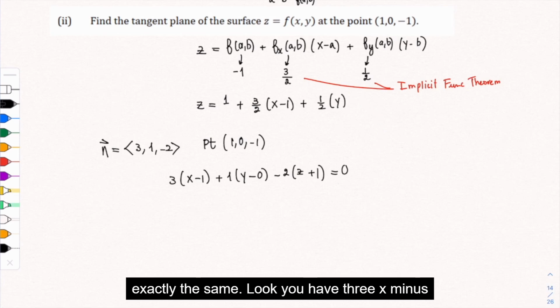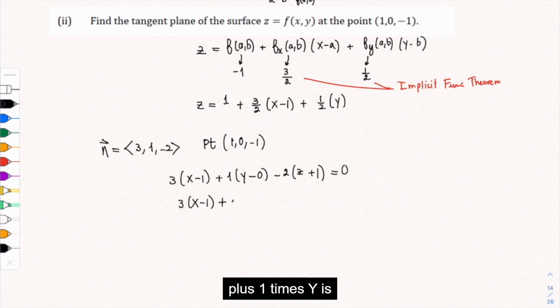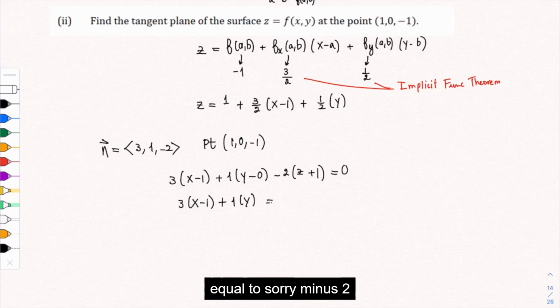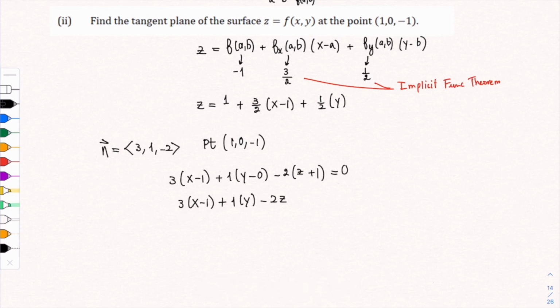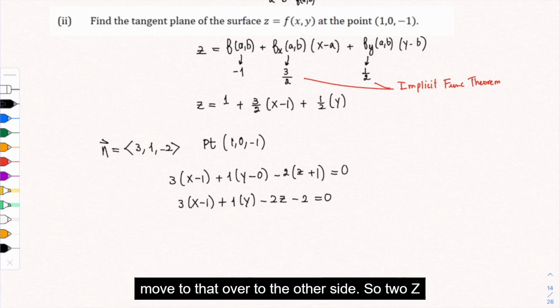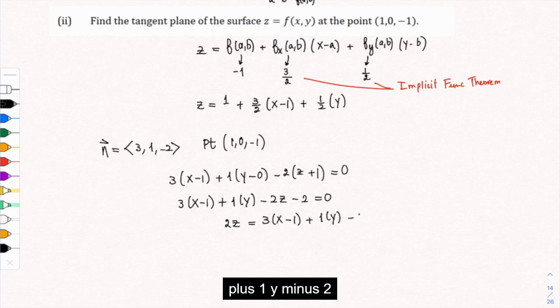Look, you have 3(x minus 1) plus 1 times y, minus 2z minus 2 equals 0. Move the z over to the other side, so 2z is equal to 3 times (x minus 1) plus y minus 2.